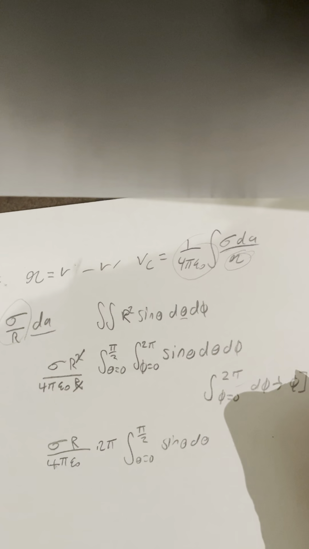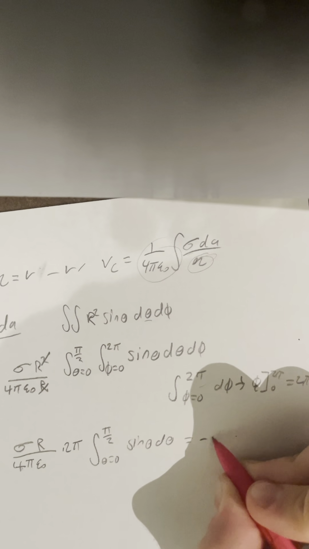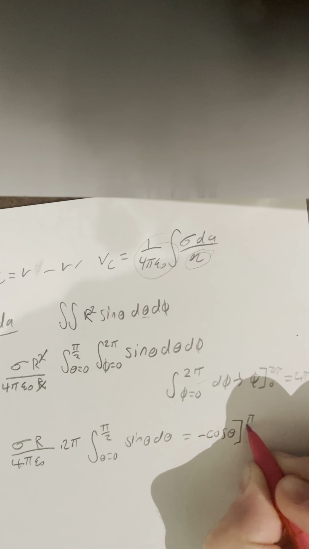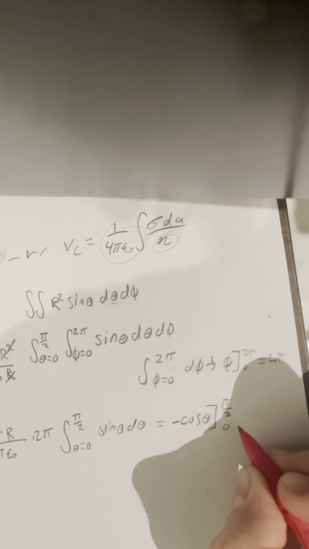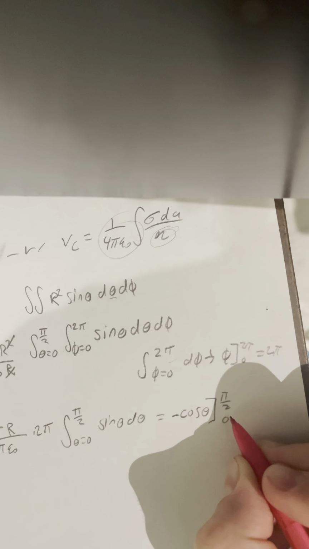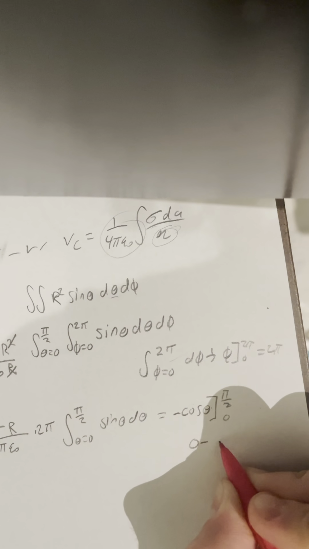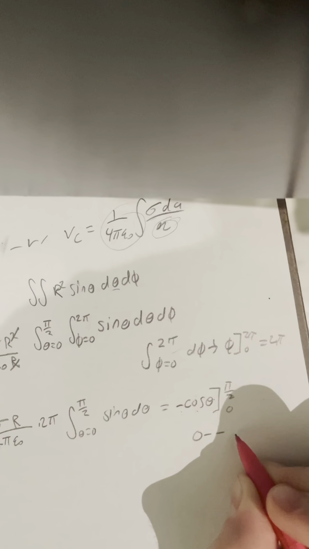The integral of sine theta is minus cosine theta, evaluated from pi over 2 as the upper bound and 0 as the lower bound. Cosine theta evaluated at pi over 2 is 0, and minus cosine theta evaluated at 0 gives us minus 1, so we just get 1.